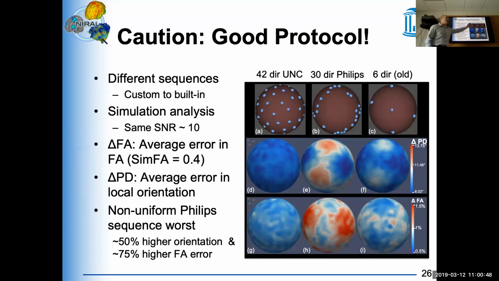It's a 42-direction protocol, one b-value, one shell, very nicely distributed. This is kind of what used to be done 10, 15 years ago. This is the 6-directional sequence, which you don't see nowadays anymore, where we just assumed, all right, 6 directions is enough, let's get those. But at least this was done uniformly.